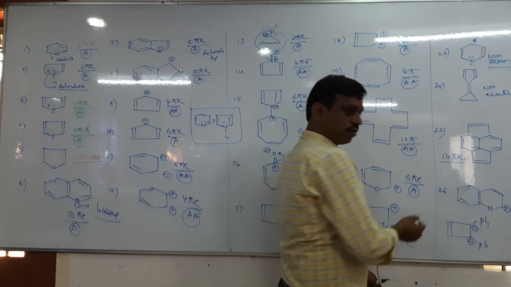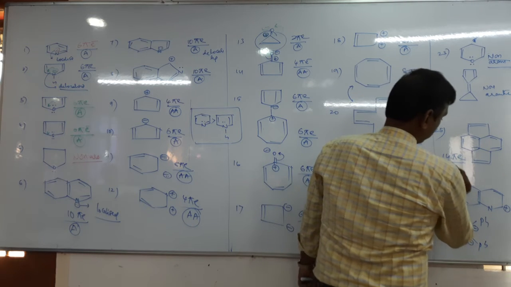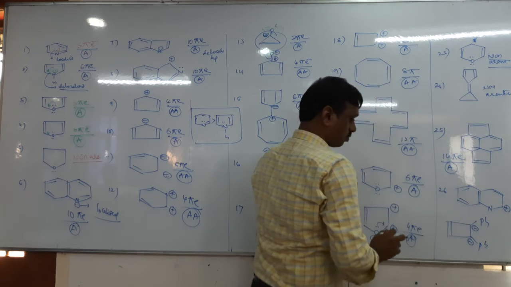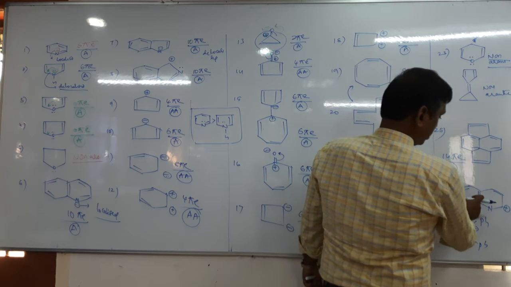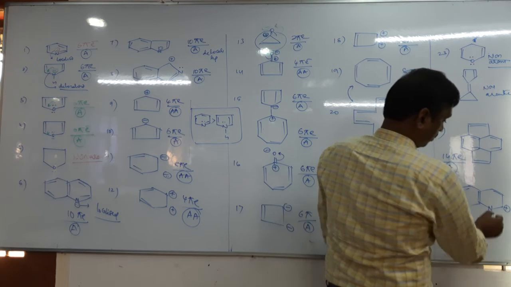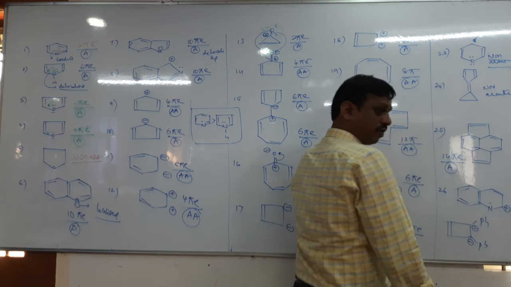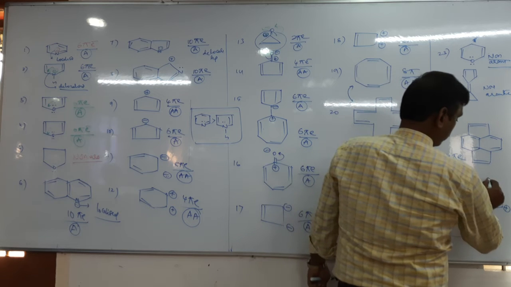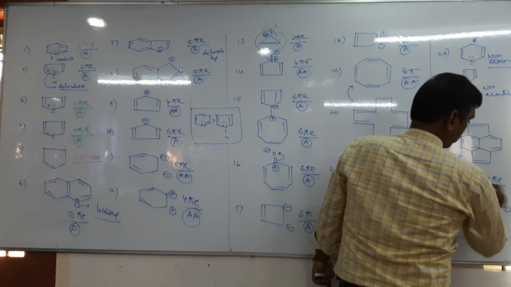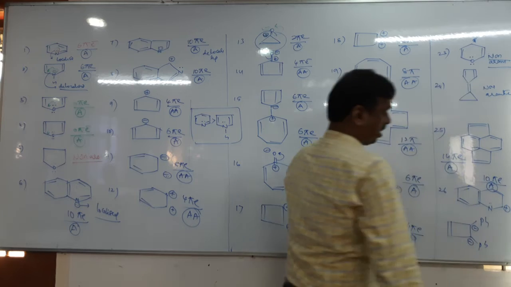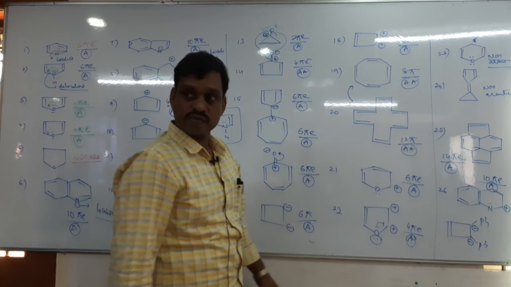Aromatic. Next, 2, 4, 6, 8. 1 lone pair. 10. So 10 pi electron. Aromatic. Next.